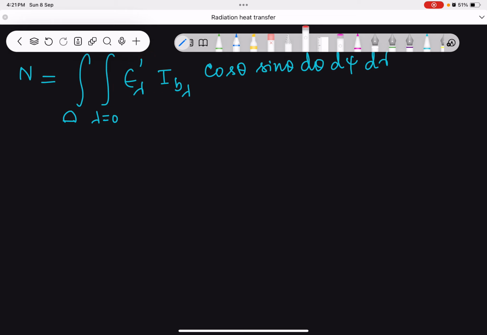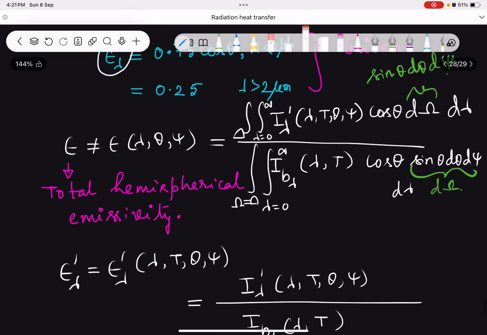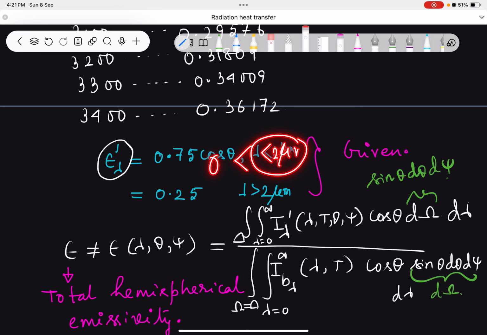So what I can do is, see here I am given two ranges of lambda. One is lambda greater than 0, less than 2 micrometer. Another is lambda greater than 2 micrometer, less than infinity. So try to grasp my thought process.